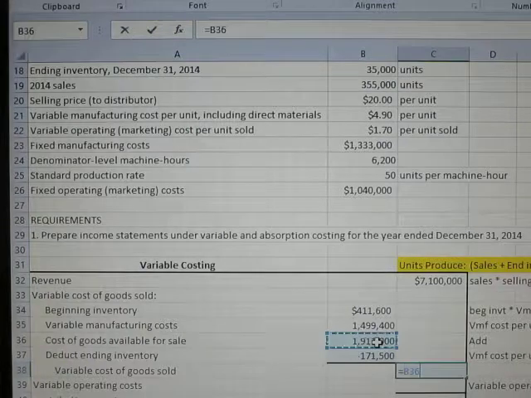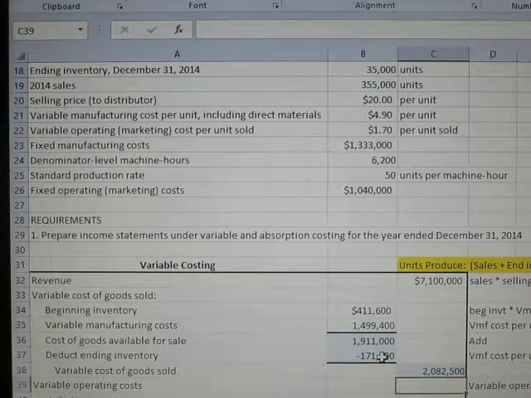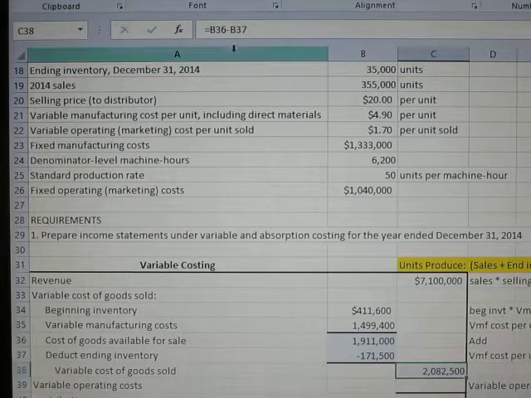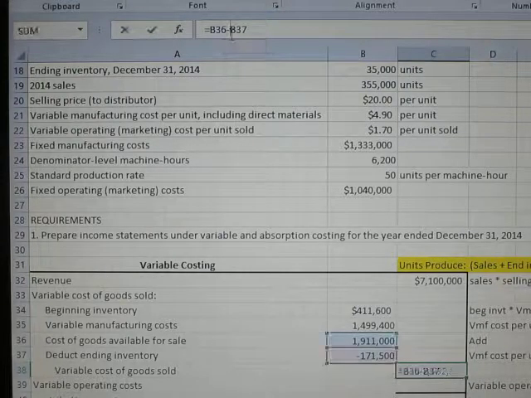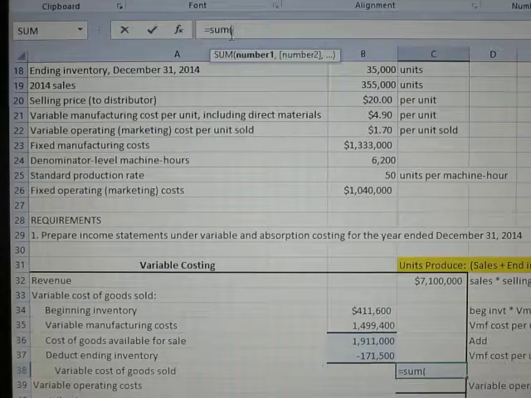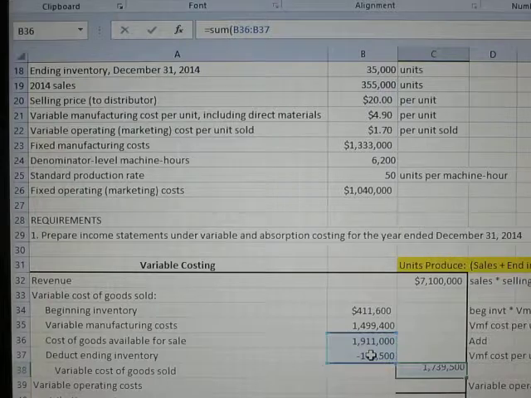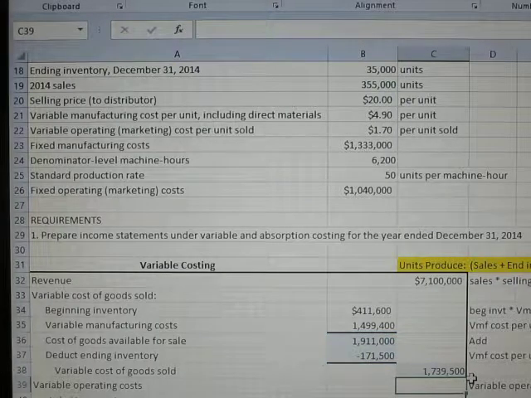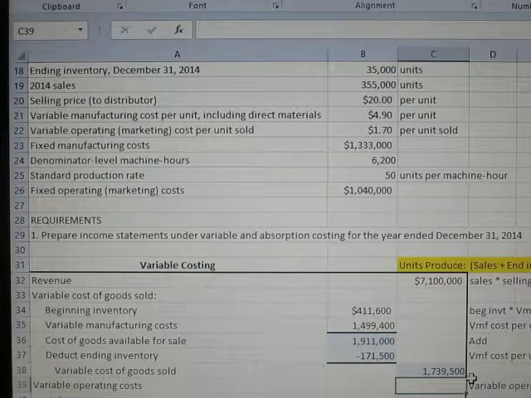So 1,911,000 minus the 71,500. Do this way. I got 1,739,500.